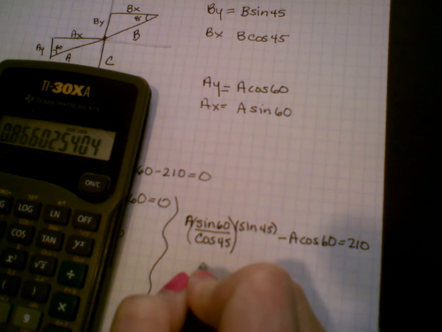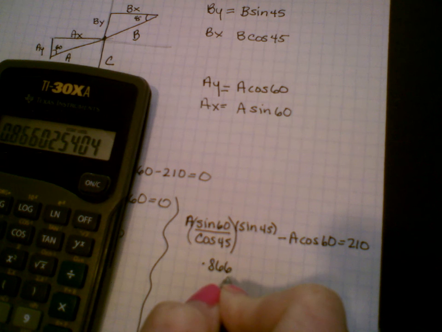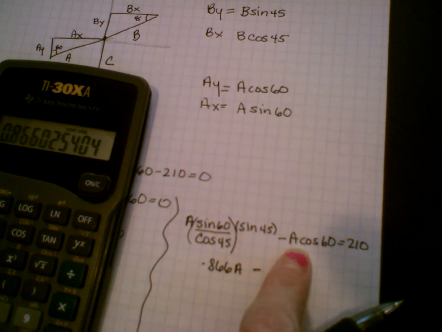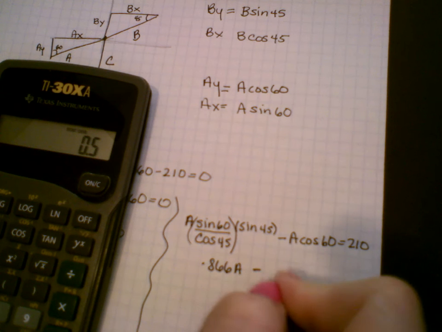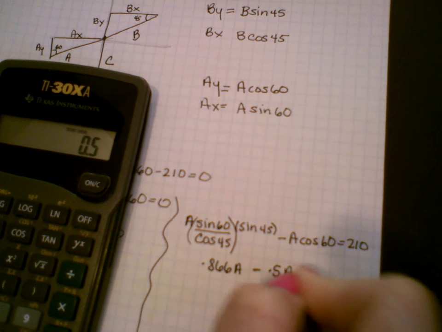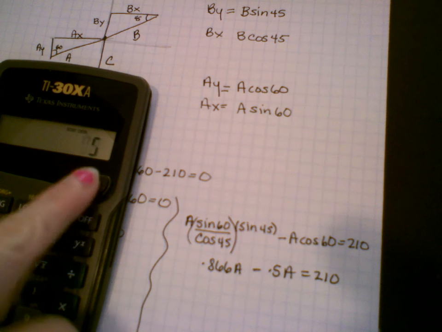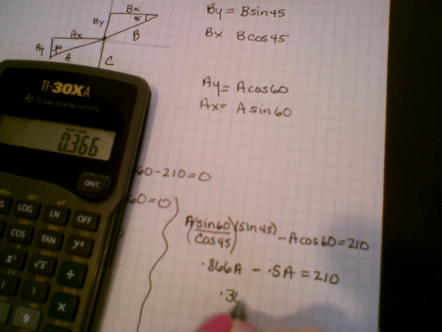Okay, so I get 0.866A. And then I'm going to subtract A cosine 60, and the cosine of 60 is 0.5. So 0.866 minus 0.5 is 0.366A equals 210.